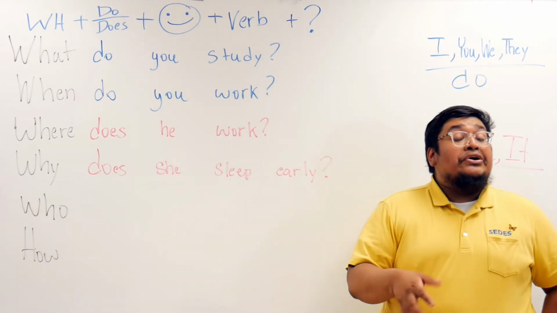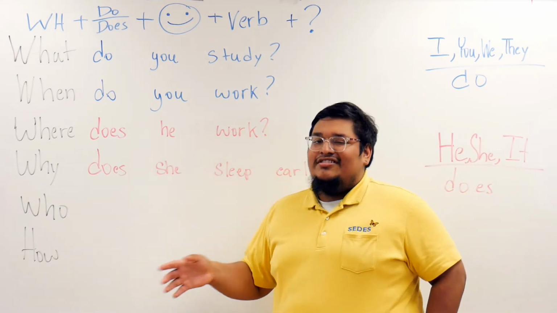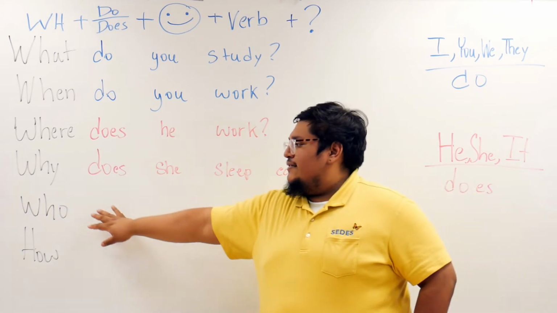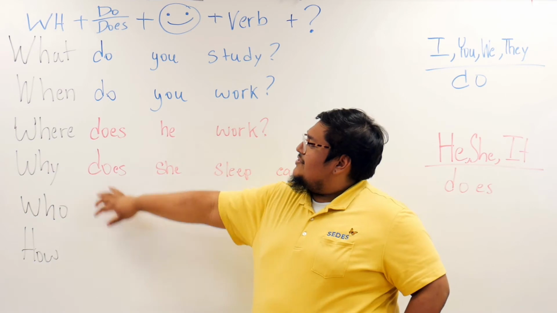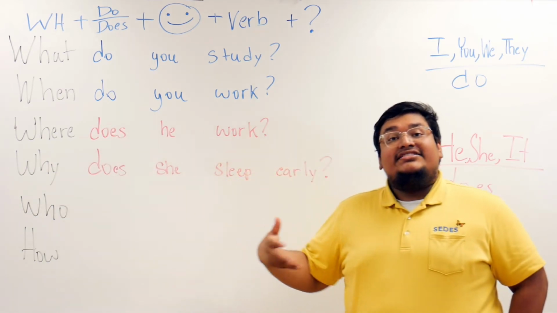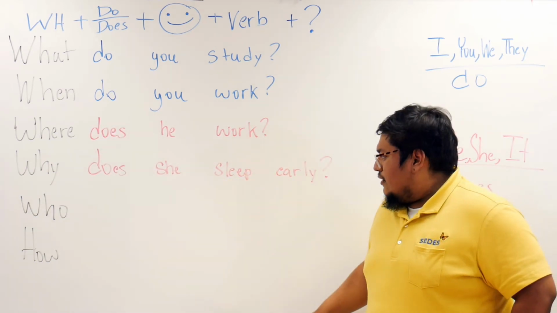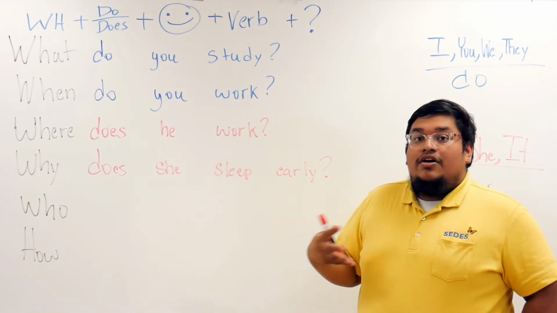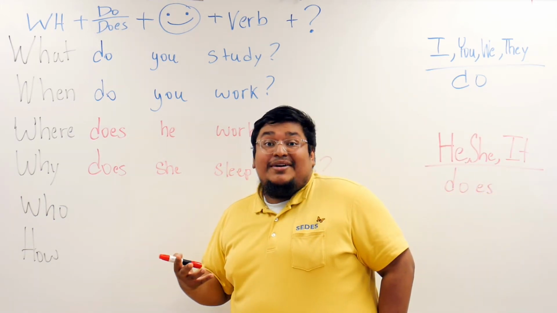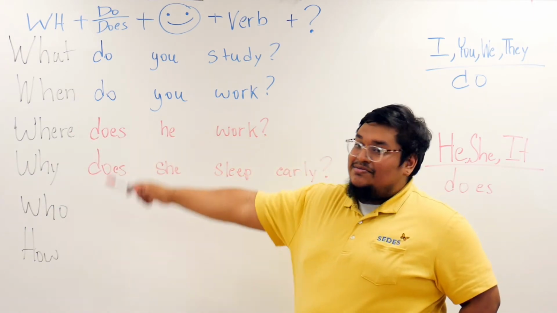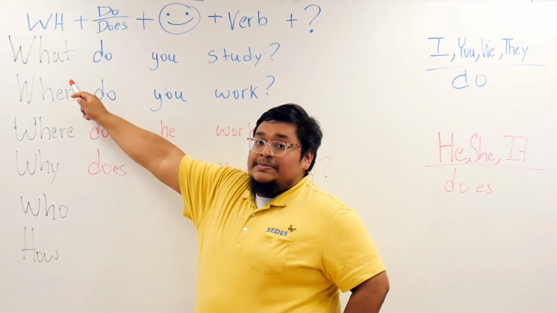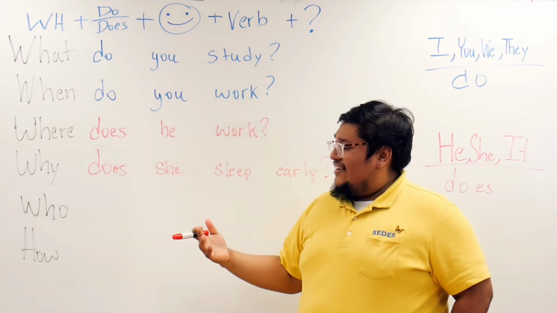Now let's look at the word who. Now, when you're asking who, well, all these questions are a little bit intrusive, but who, you're asking for a certain person. So that is the difference between who and the rest of them. Remember, this one is a reason, this one is a place, this one is a time, this one is a specific item or thing.